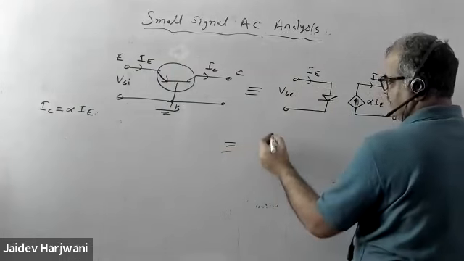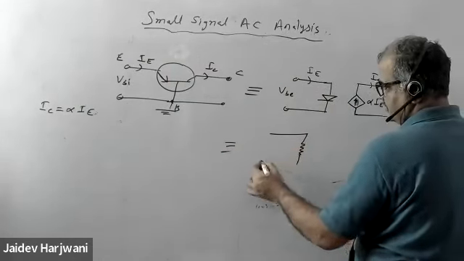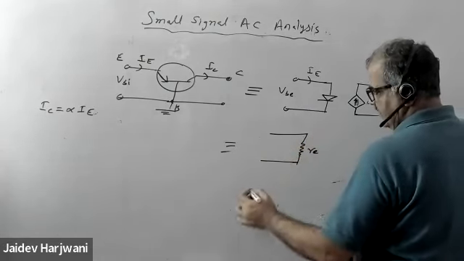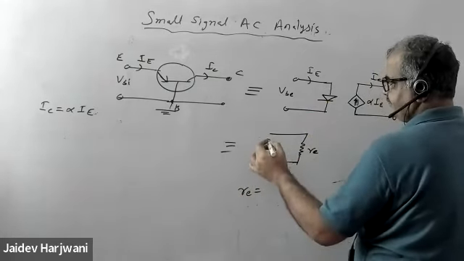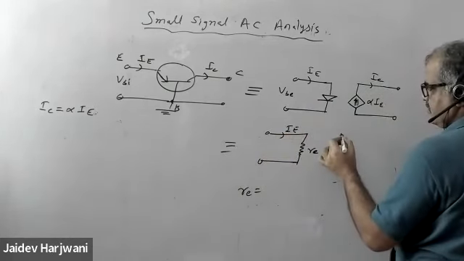We already discussed this when we were discussing small signal analysis of a diode. I told you a diode can be replaced by RE. What is the value of RE?